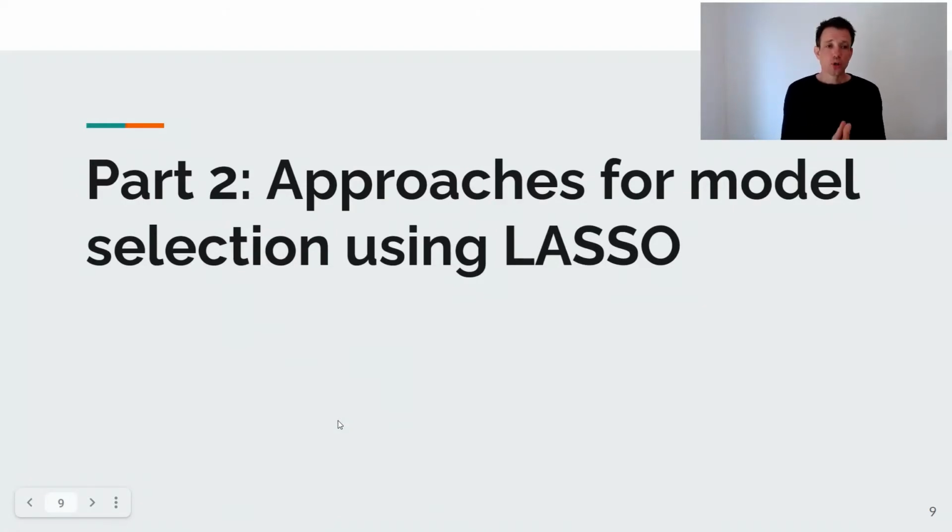Okay, so going to the second part, now that you have seen how Lasso works, how it performs model selection, let's talk about how you actually use this Lasso tool for doing model selection in an econometric context.